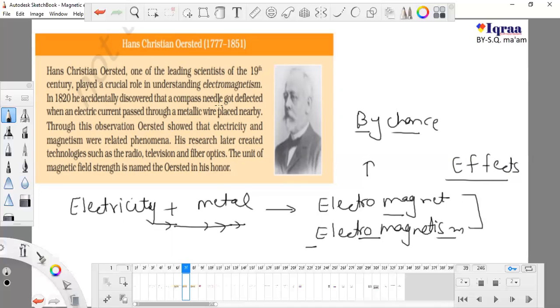Accidentally, he discovered that a compass needle got deflected when electric current passed through a metallic wire placed nearby.